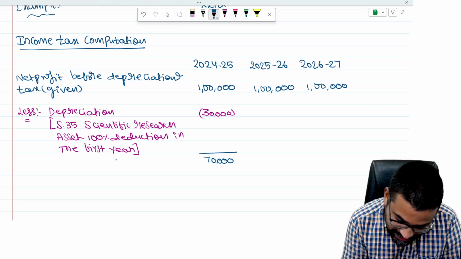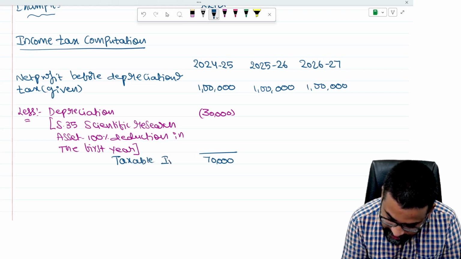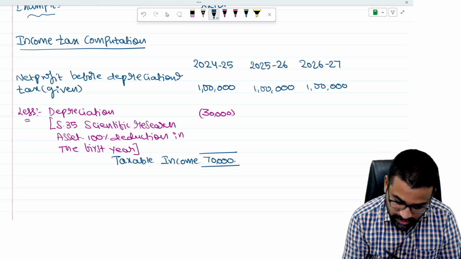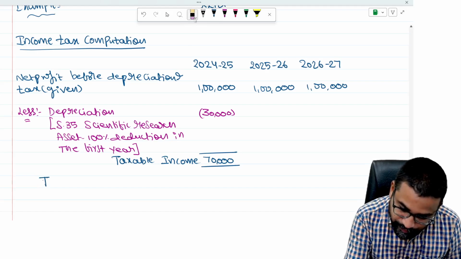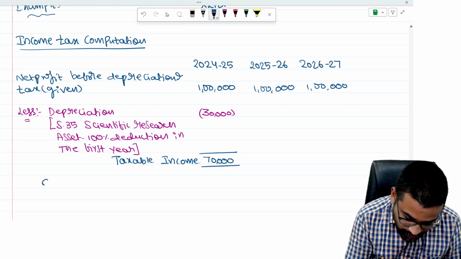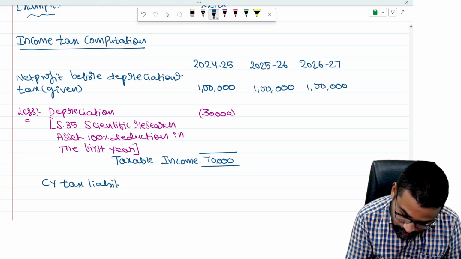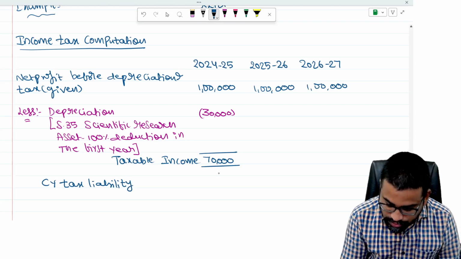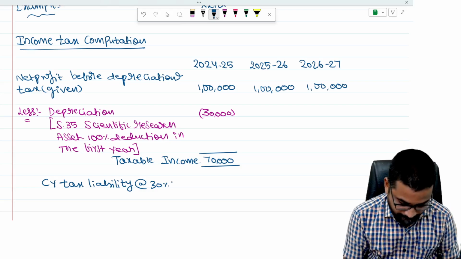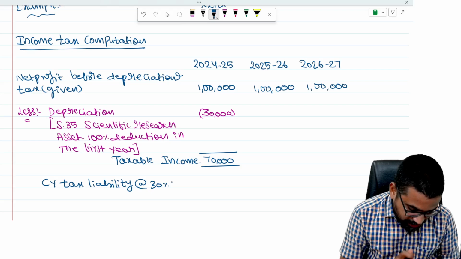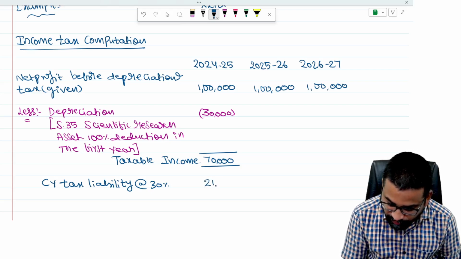This is called taxable income as far as the income tax is concerned. Now on this I will calculate the current year tax liability at 30%. So 70,000 into 30% will be 21,000.